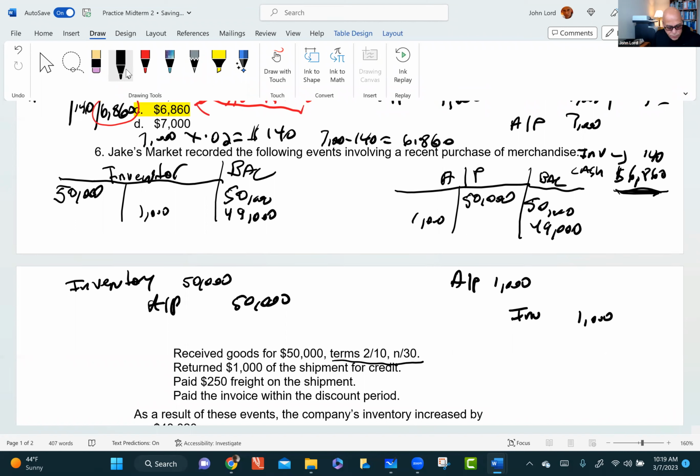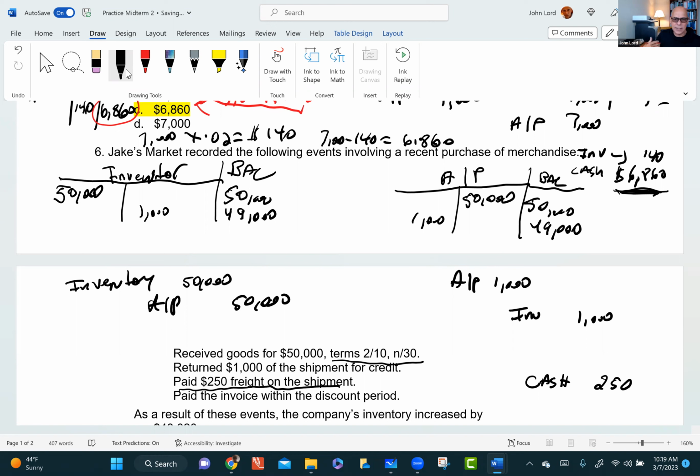Then I paid 250 on the shipment. Remember we said that any cost you incur to get an asset so you can use it productively in your business is part of the cost of that asset. Typically freight charges are paid in cash. Just think of taking an Uber: you don't tell the guy, send me a bill and I'll pay you in a couple of weeks. You simply pay.